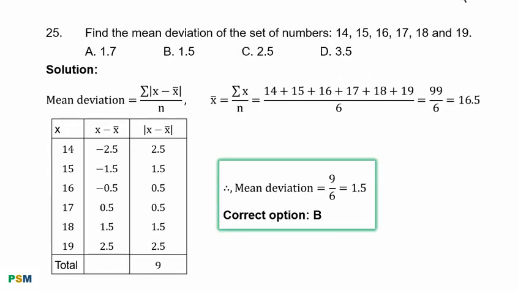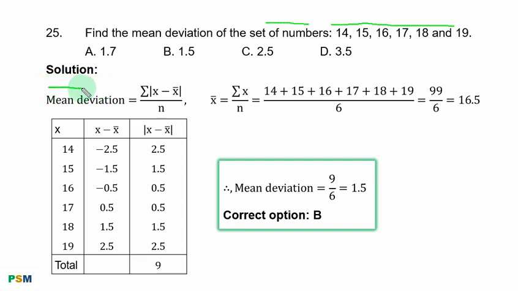Question 25. Find the mean deviation of the set of numbers 14, 15, 16, 17, 18, and 19. You have ungrouped data, data without frequencies. Solution.